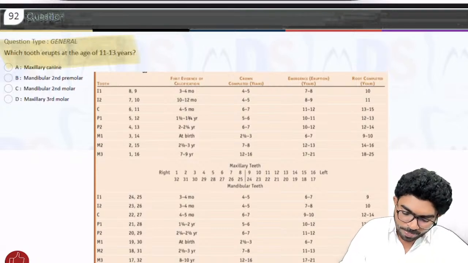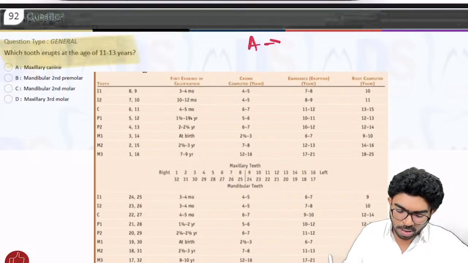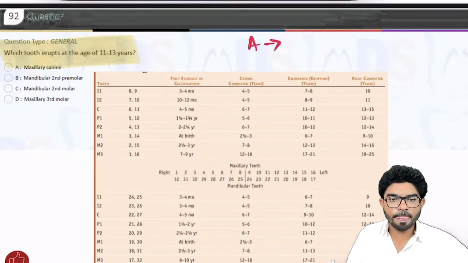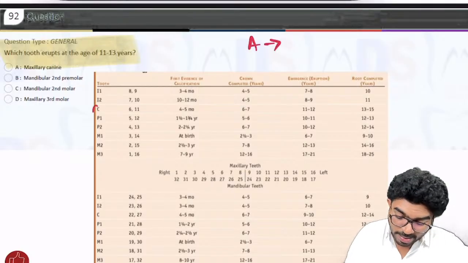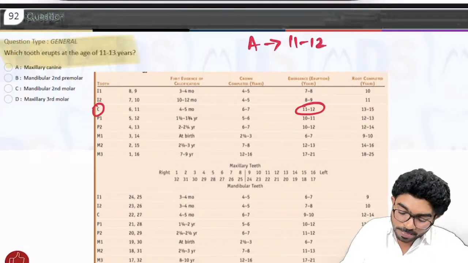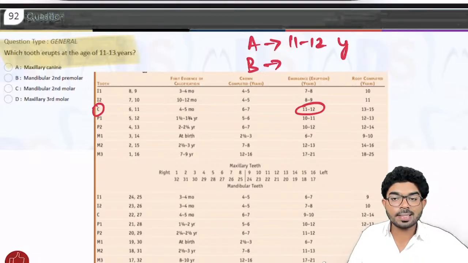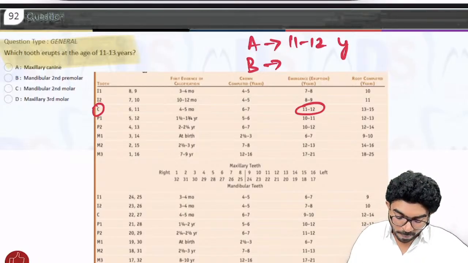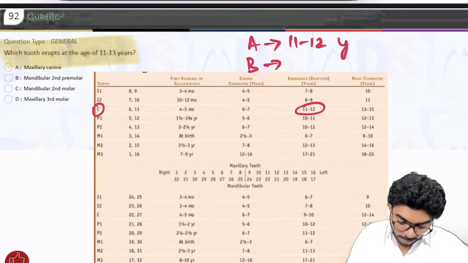So option A, they're talking about maxillary canine. Maxillary canine eruption is 11 to 12 years. Option B, they're talking about mandibular second premolar.